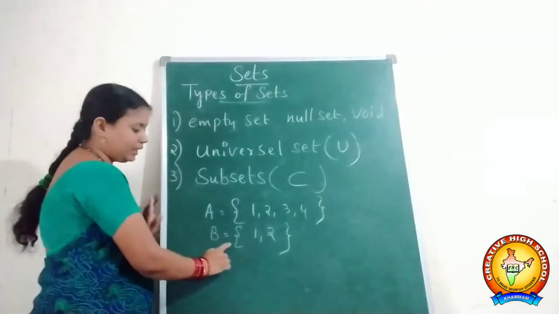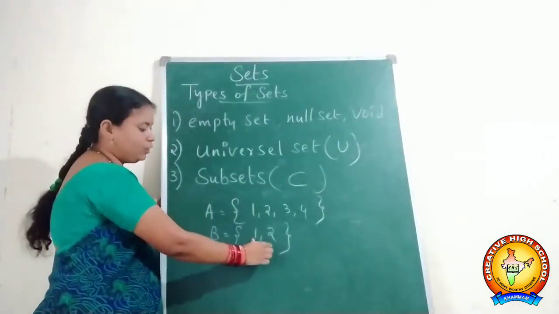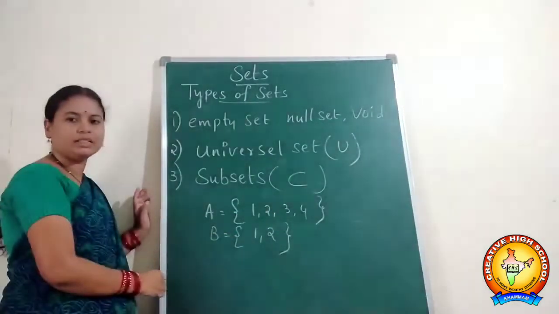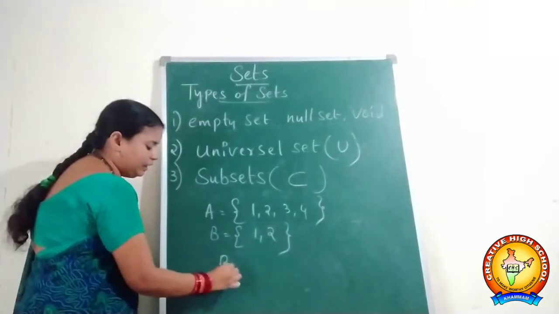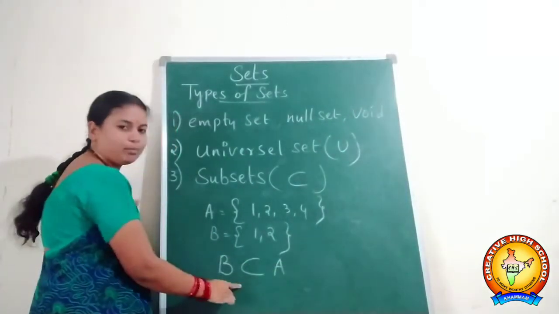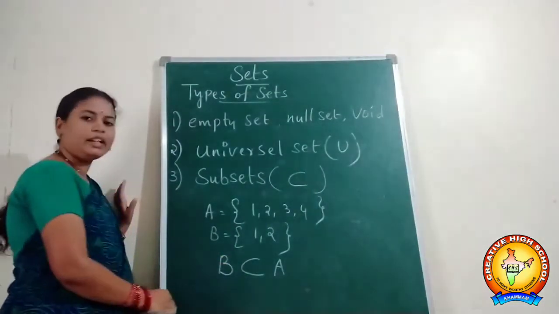See here, B is equal to 1 and 2. The elements 1 and 2 belong to set A, which has 1, 2, 3, 4. So here B is the subset of A. This is the symbol of subset. Here B is the subset of A.